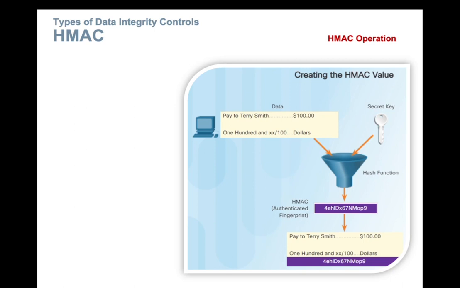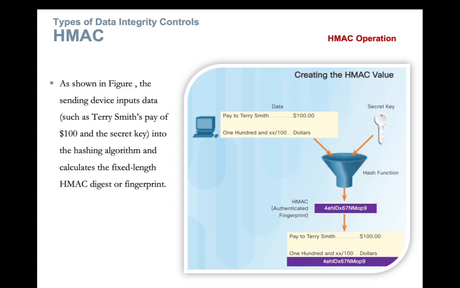The receiver gets the authenticated fingerprint attached to the message. For this message, this digest is attached. This is the first step, on the sender side.